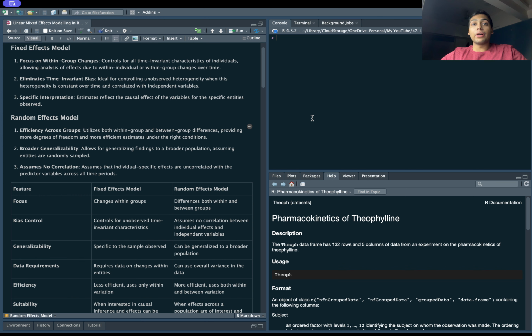When you want to model longitudinal data, or in a broader sense, clustered data, you can go either of two ways when your dependent variable is continuous.